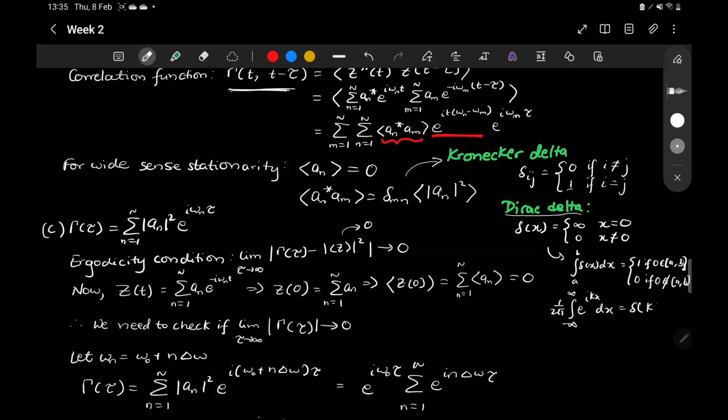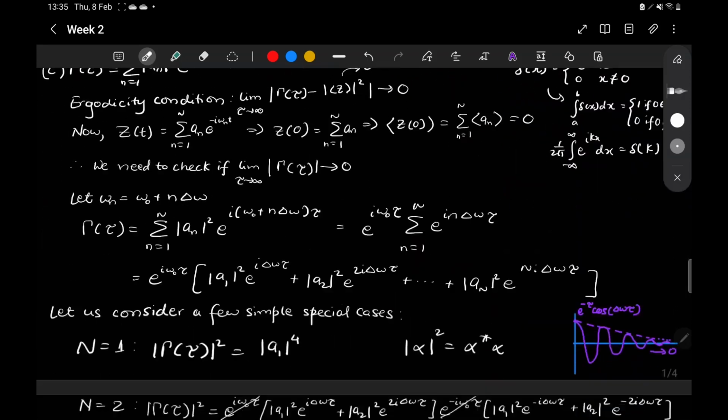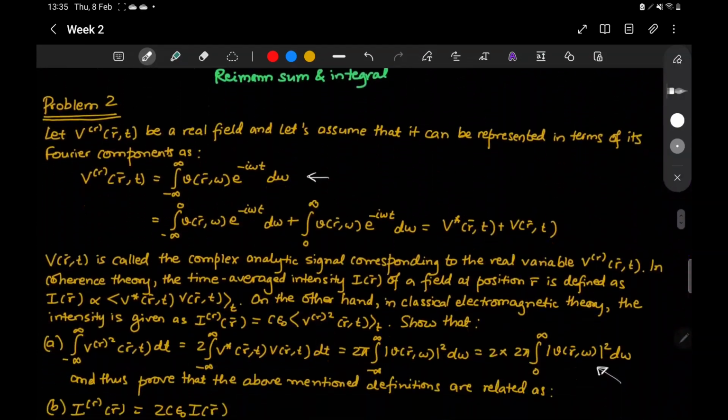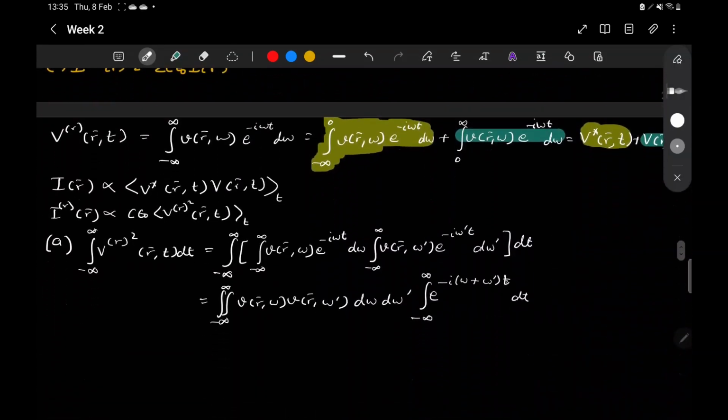This is another form in which you represent the Dirac delta function. So we will make use of that over here. So this will become 2 pi delta of omega plus omega prime.